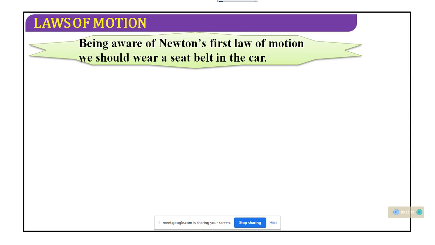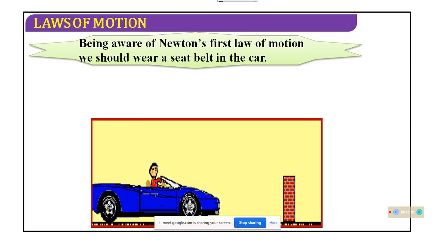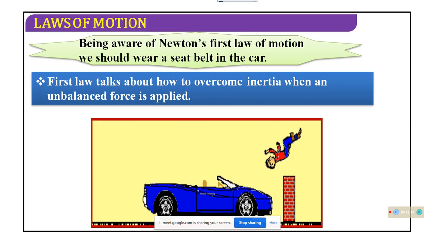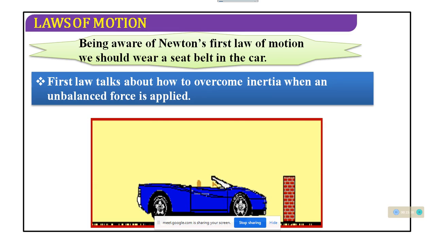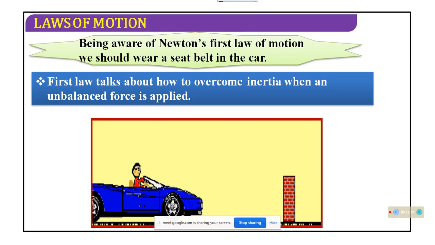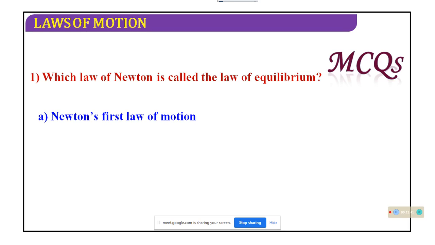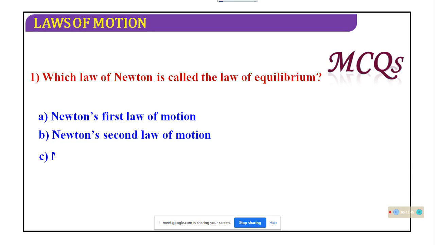Being aware of Newton's law of motion, we should wear a seat belt in a car. The first law talks about how to overcome inertia when an unbalanced force is applied. Which of Newton's laws is called the law of equilibrium?